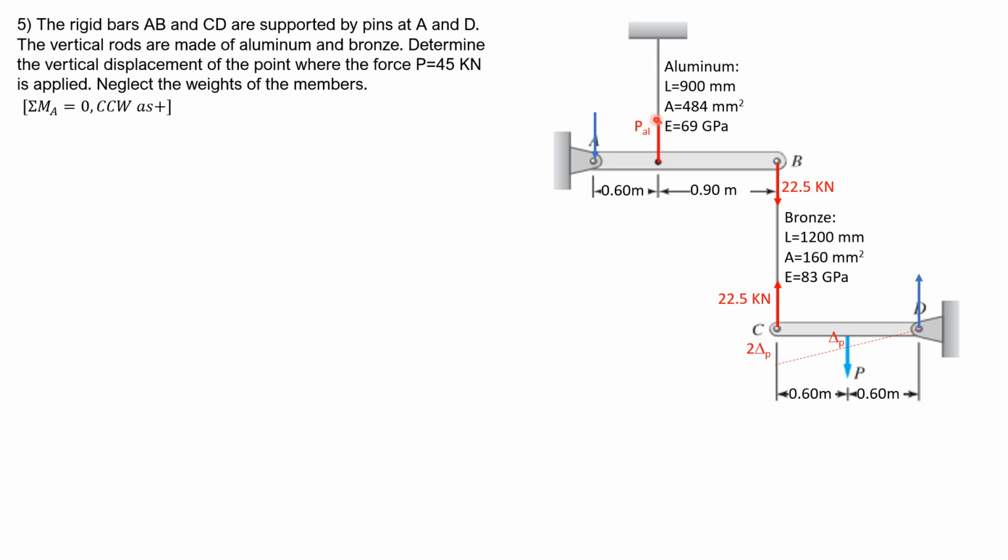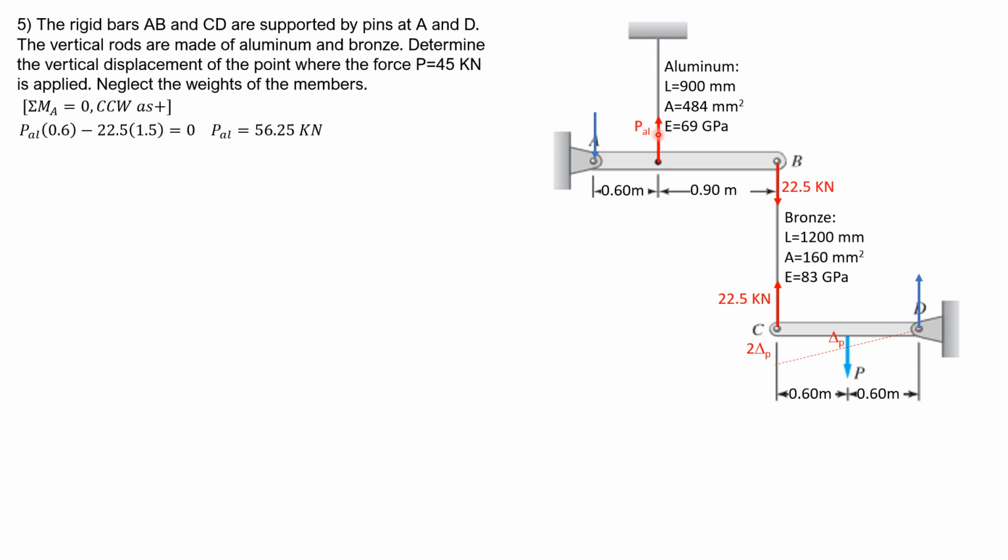So force in the aluminum bar times 0.6 equals 22.5 times 1.5. So that's the equation: P of aluminum bar times 0.6 minus 22.5 times 1.5 equals 0. So the force in the aluminum bar is equal to 56.25 kilonewtons.